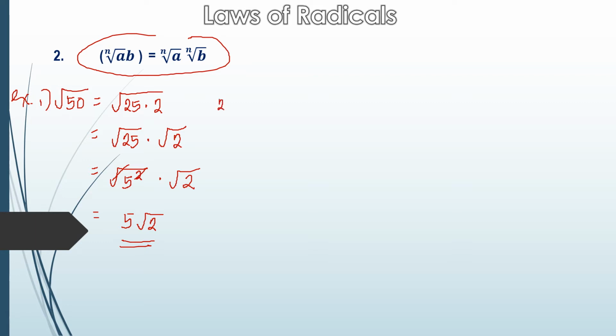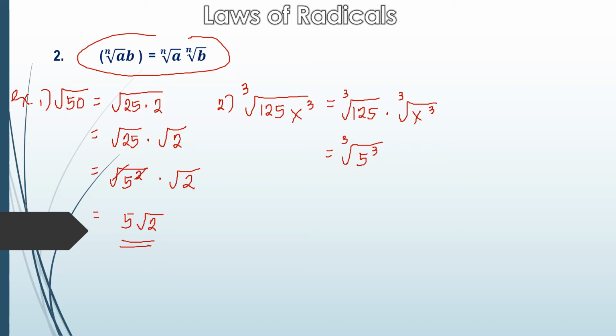Let's have another example. Let's say we have the cube root of 125 x raised to the third power. Applying the given law of radical, this is the same as the cube root of 125 times the cube root of x raised to the third power. If we express 125 in exponential form, that will be 5 raised to the third power.